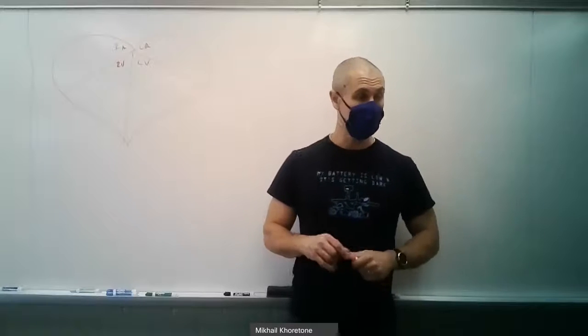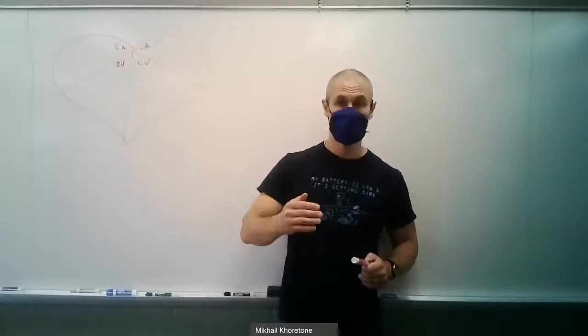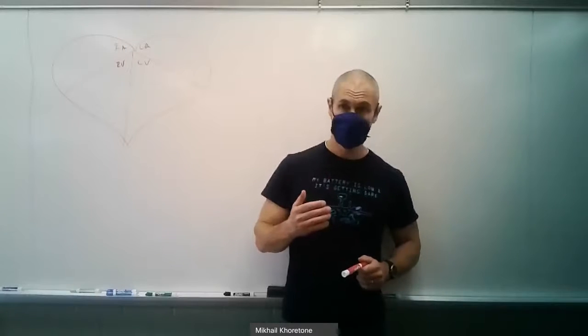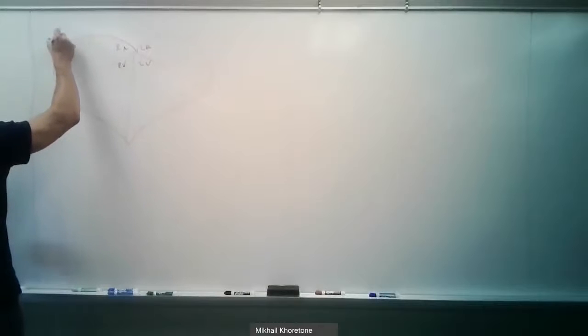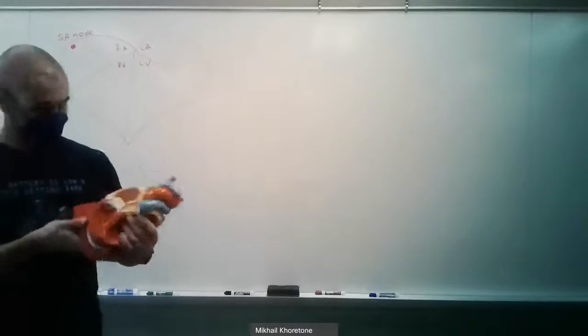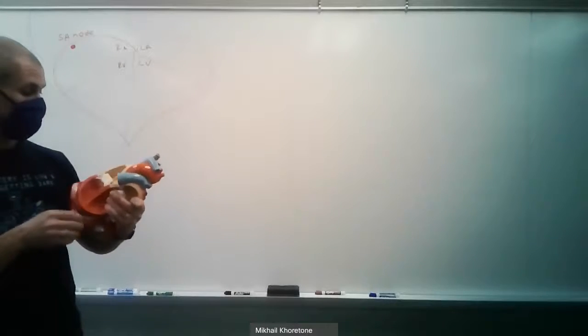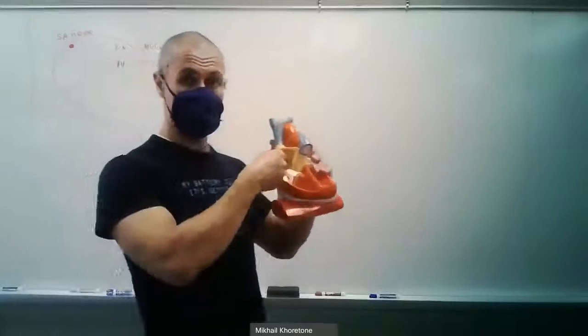These pacemaker cells are organized in nodes and bundles and fibers, okay? So it all starts in the right atrium, at the SA node. It would be, I'd say, somewhere about here, the SA node, okay?